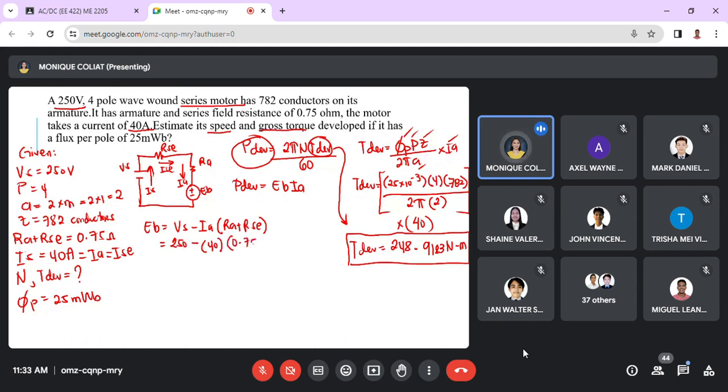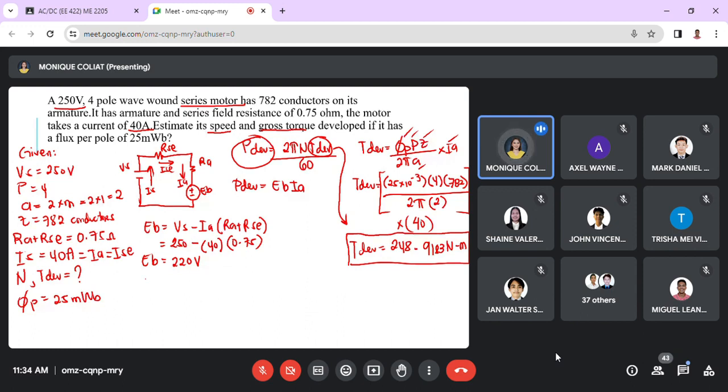Anong ating EB? 220 volts. So that we have EB and IA na. So makukuha na natin si PDEV. So si PDEV ay EB times IA. So that is 220 times 40.